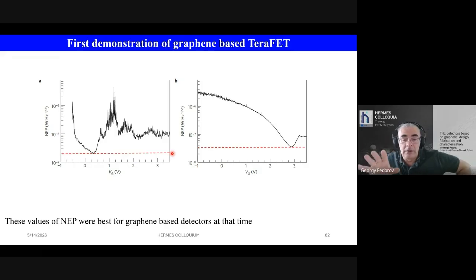So I think a good rule of thumb is that the NEP, noise equivalent power, should be on the order of 10⁻⁹ of these units, which are watts per root hertz. But it was the first demonstration of a TeraFET made with graphene, so it's an important milestone for the terahertz detector community.